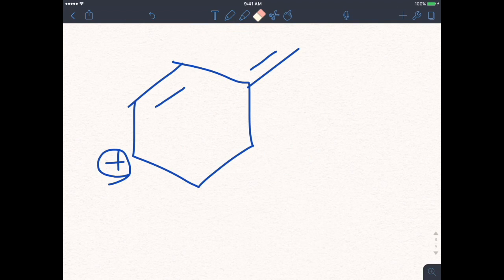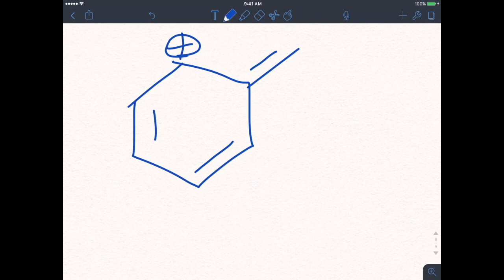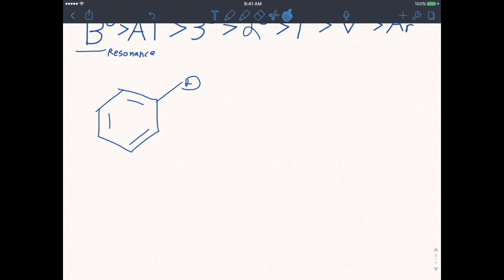This is gone, and then the bond's moved over one. Then you can do it again, and each time you'll get a different structure. So we can do this, the positive charge, and we can do it one more time to get things back to where they started. I believe there are 5 resonance structures there all in one, making this extremely stable because you can share the load of the burden of carrying that positive charge.